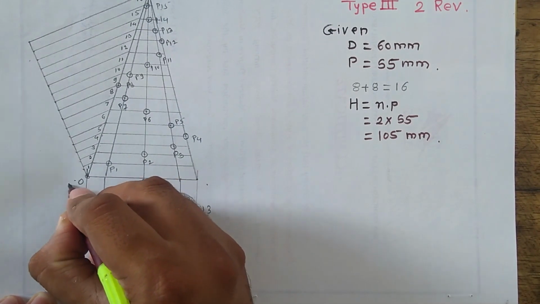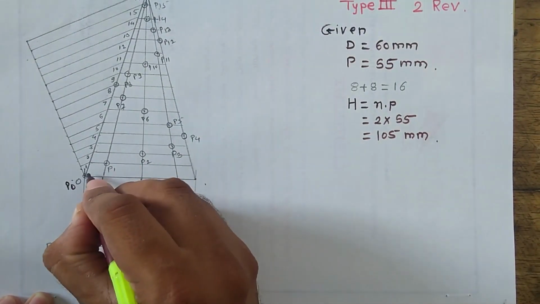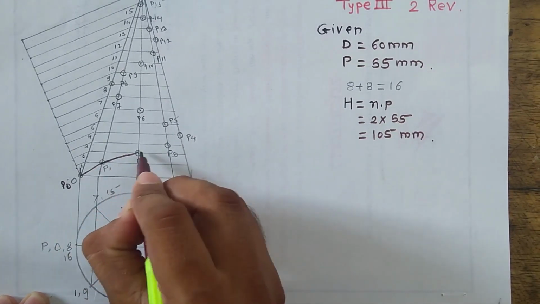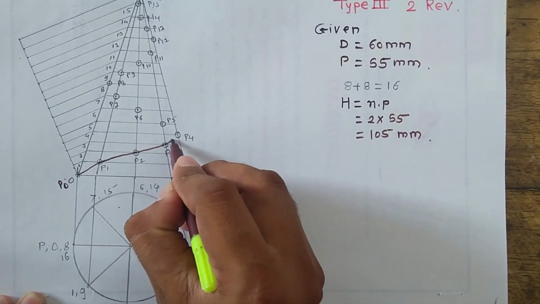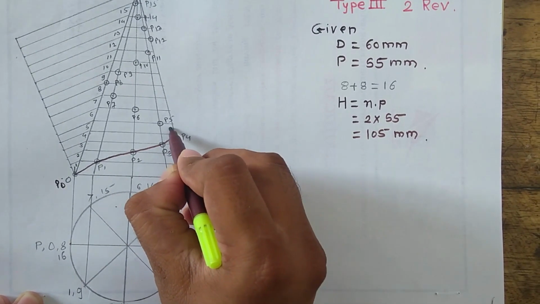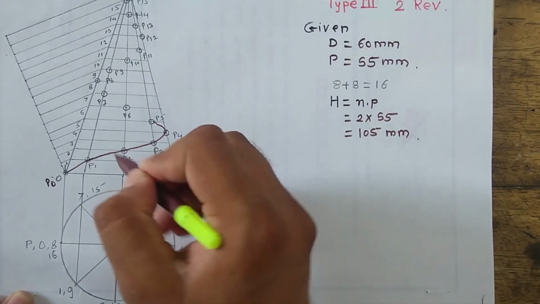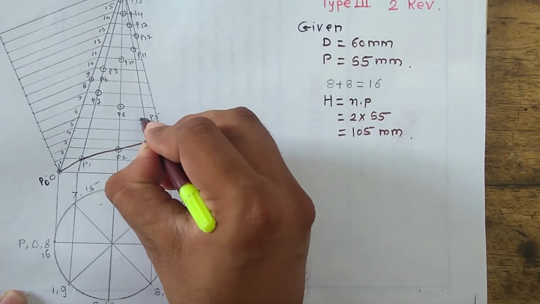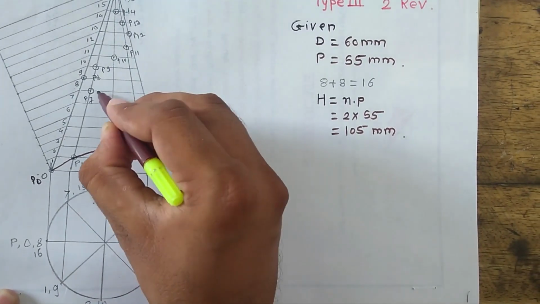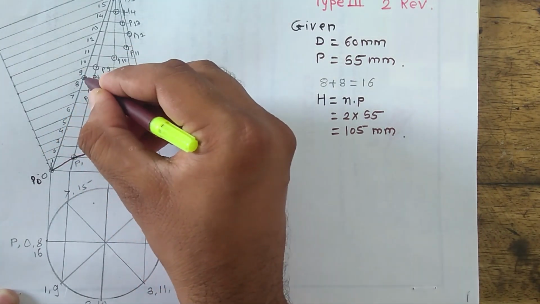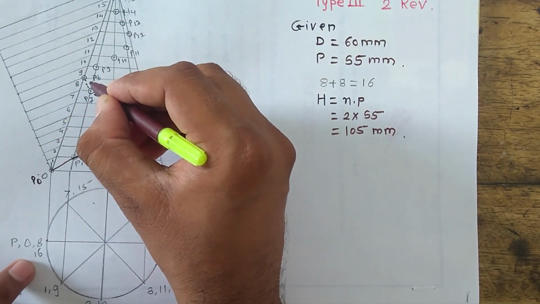So P0 to P1 will be visible, P1 to P2, P2 to P3, P3 to P4, P4 to P5. After P4 the curve will be invisible. So here that will be dotted, here also dotted, this will be dotted till P8.